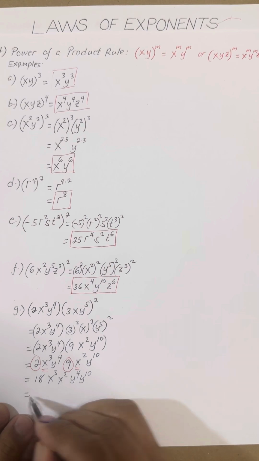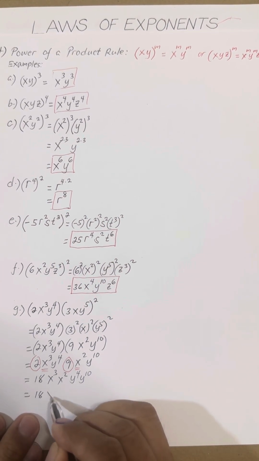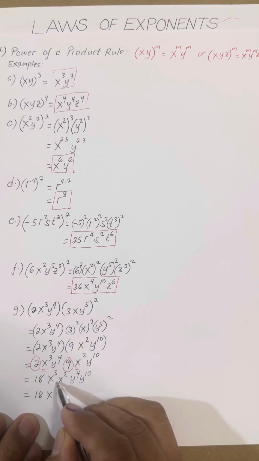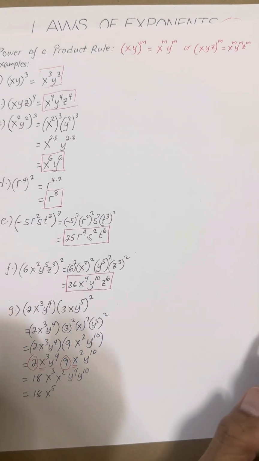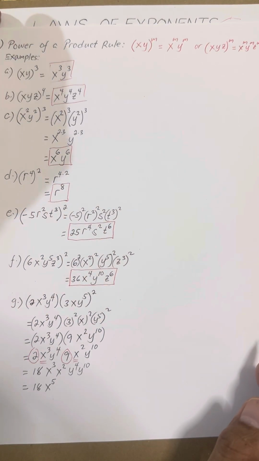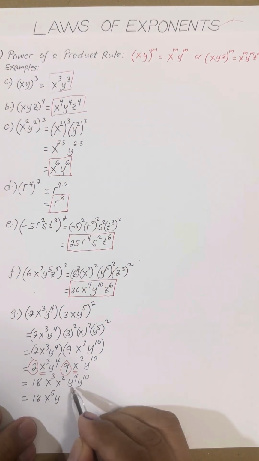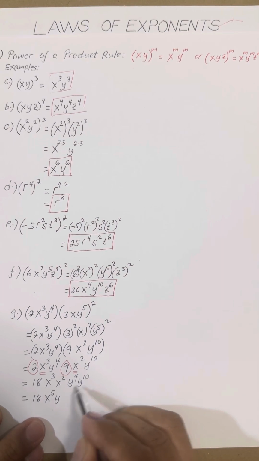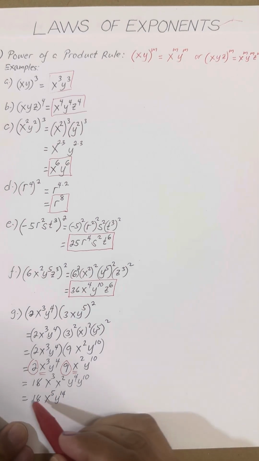Then apply rule number 1. 18 times x, then you just add, they have the same base, add exponents. So x to the 5th power, and then we have y as the common base, and the powers you have to add, that is equal to 14. So this is our answer.